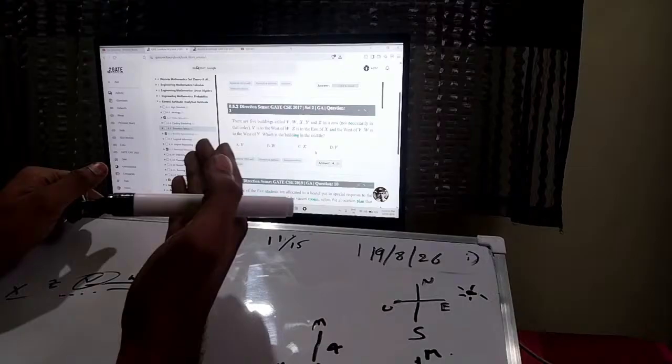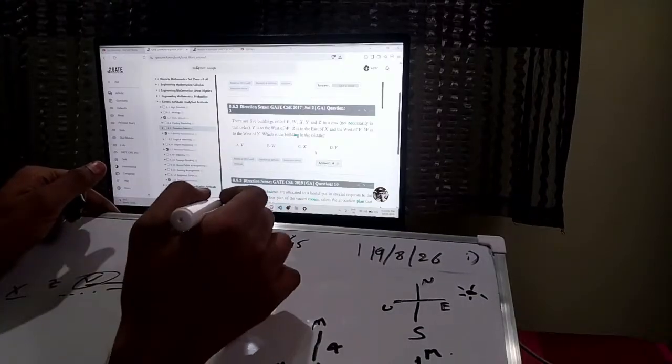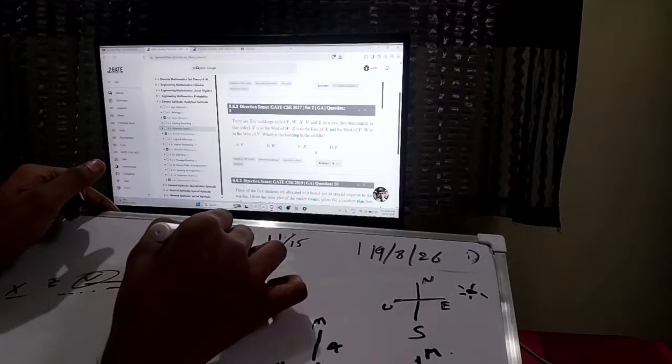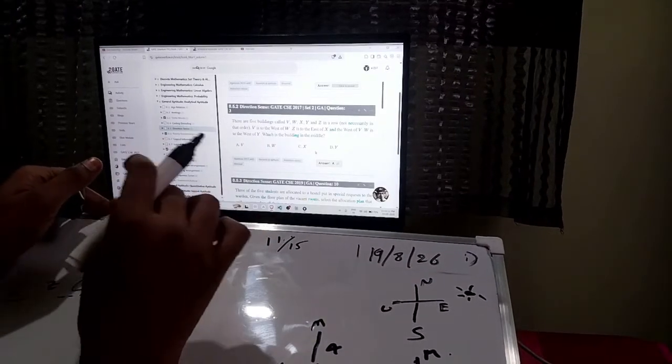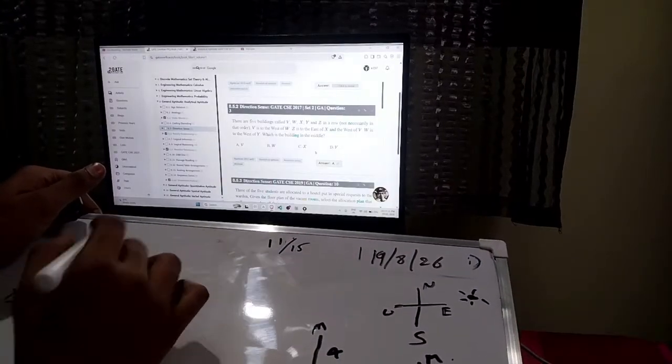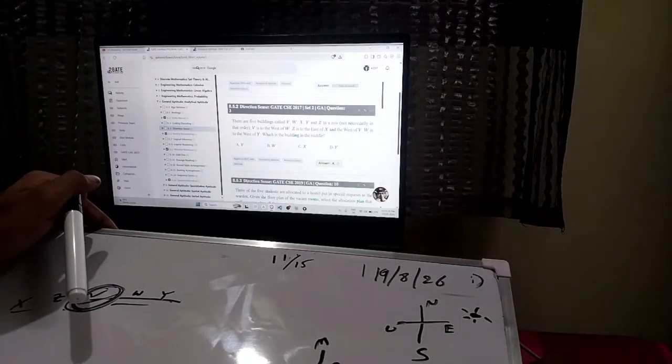So it should be west to east or east to west in one direction. I have found that V is the middle building, so my answer was correct. I don't need to check this.